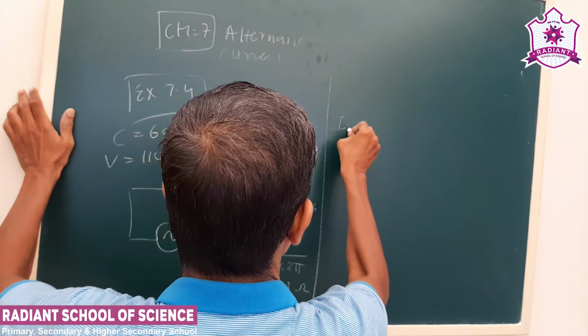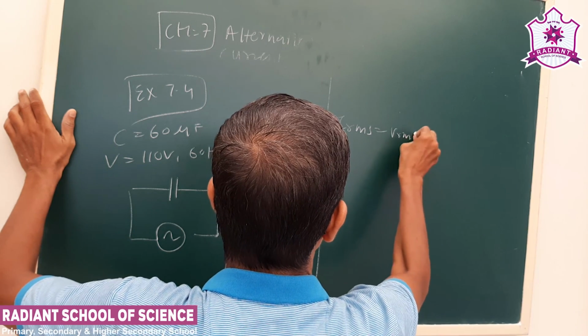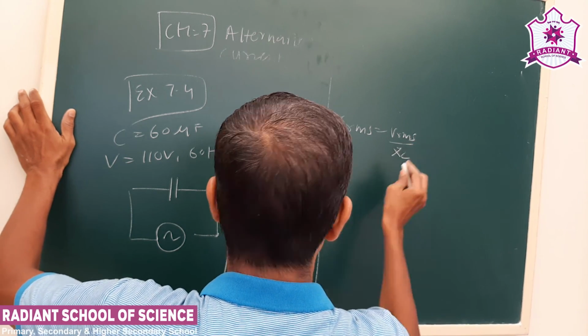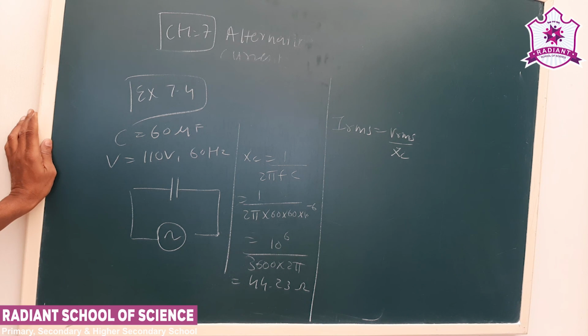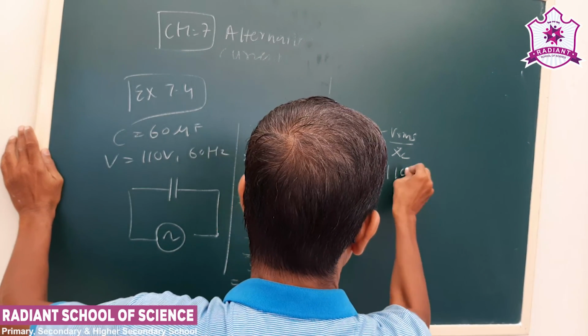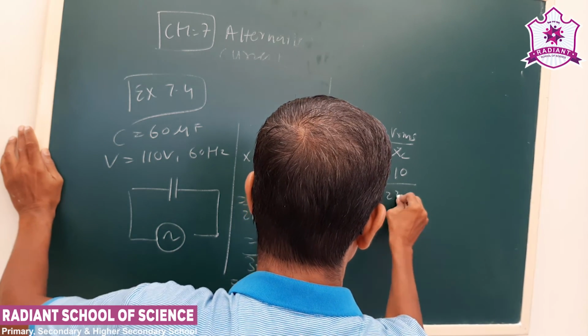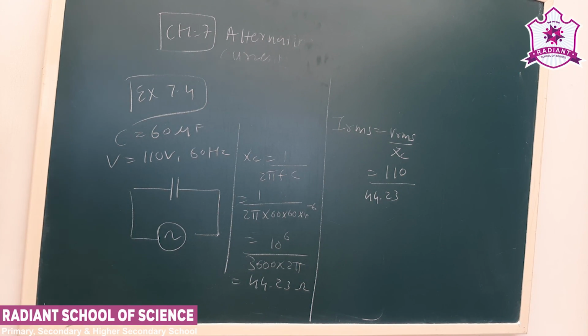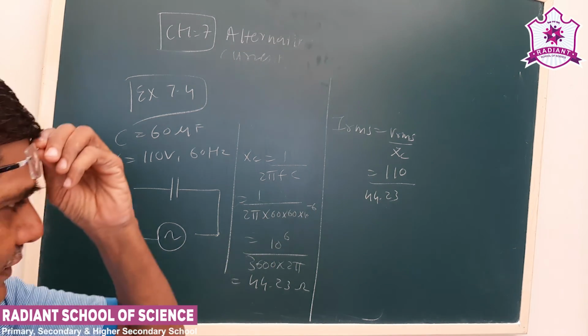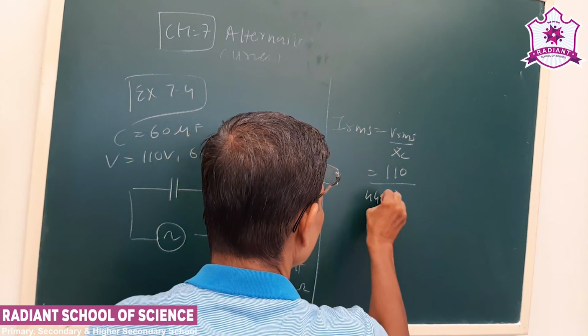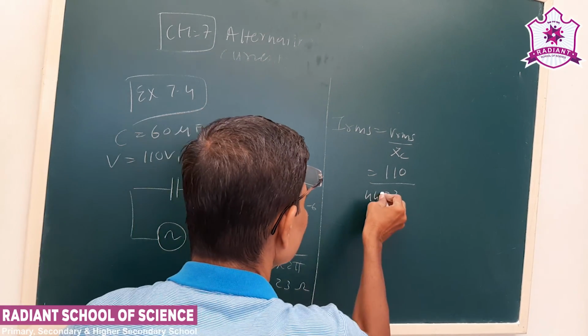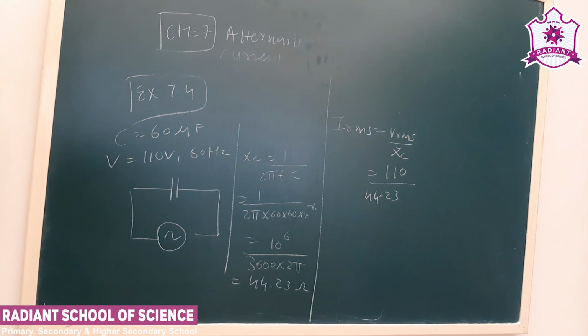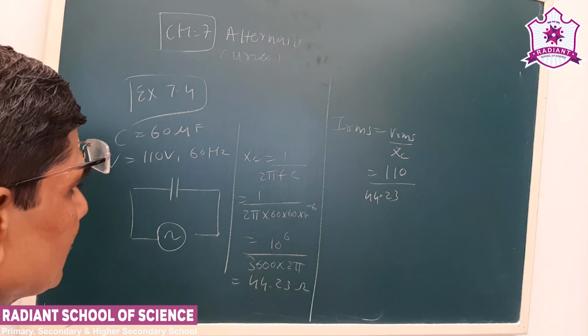Now, IRMS is VRMS upon XC. In the circuit with only a capacitor, Z is equal to XC. Here also the voltage is different, 110 volt, so we have to take care while calculating. So we can calculate 110 divided by 44.23. So the RMS current is obtained.